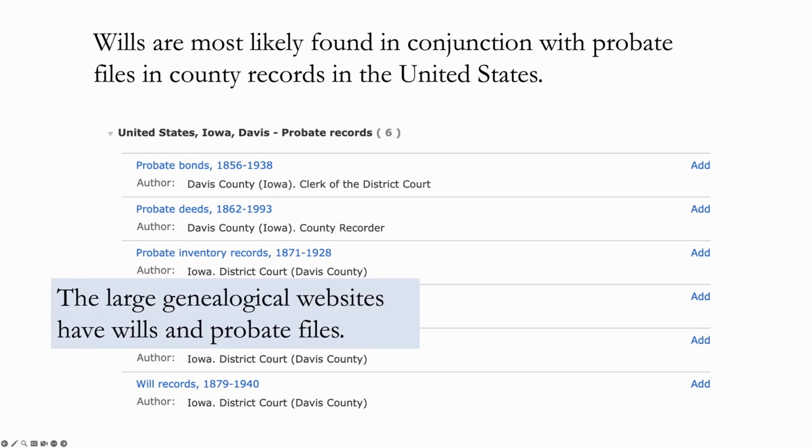Some of the large genealogical websites have extensive wills and probate files from across the country. The good news. Bad news is very few of these yet are indexed. So you're not going to see a lot of indexes, and you're going to have to search them page by page. And there are two major problems that occur in genealogical situations.